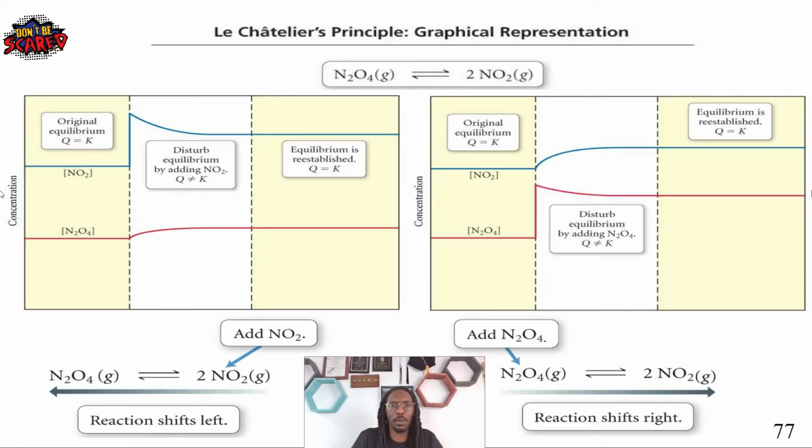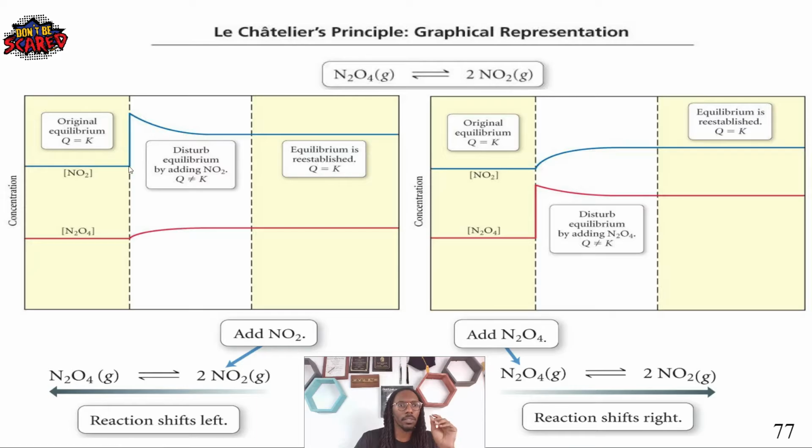So this is just another graph showing this. Again, N2O4 gives me 2NO2, and we need to understand a couple different things. As we mentioned before, if you add NO2, if you add products, your reaction is going to have to shift left. And this graph is kind of showing that. At the original equilibrium, Q is equal to K, everything's good.